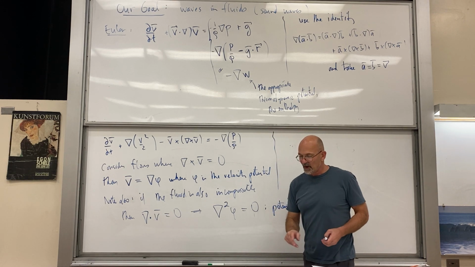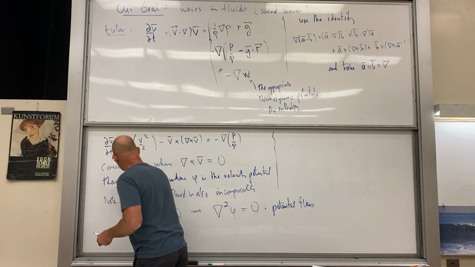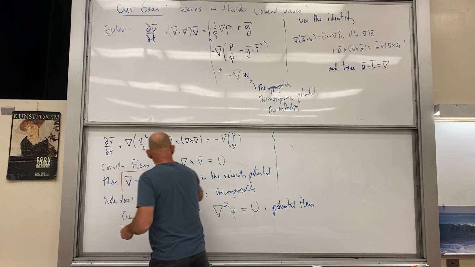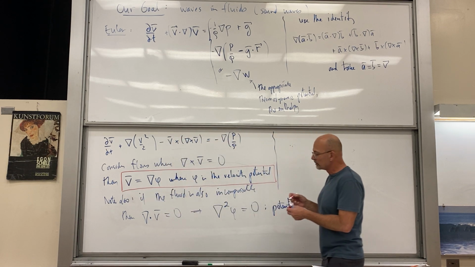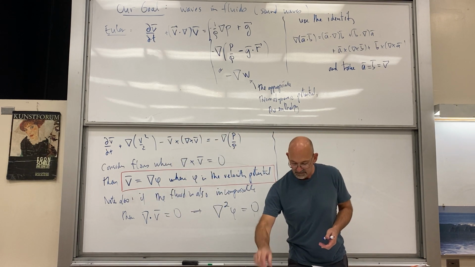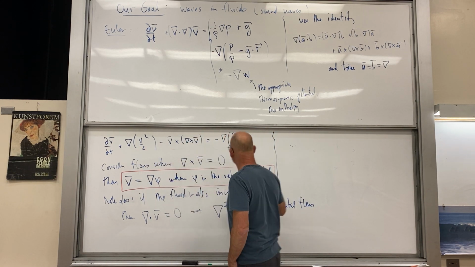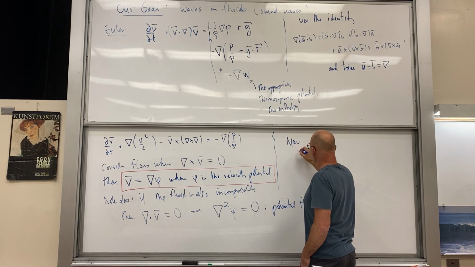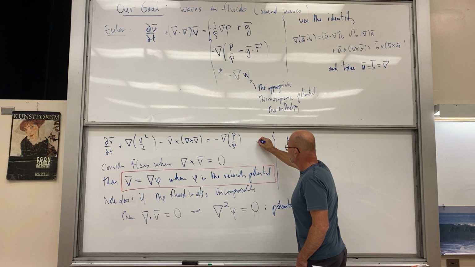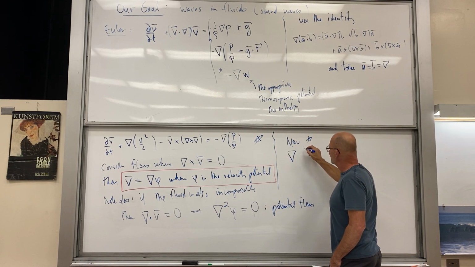So I'm going to put a red box around this. This is the important point here. We've got this velocity potential for the case of the curl being equal to 0. Now let's write this when we have all these gradient terms. So now we have the gradient out of this equation here of d phi/dt.